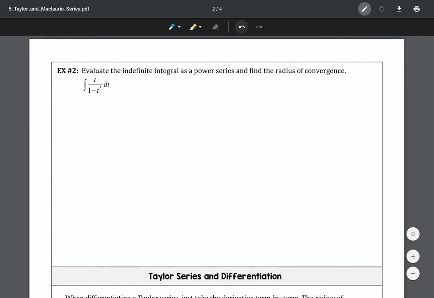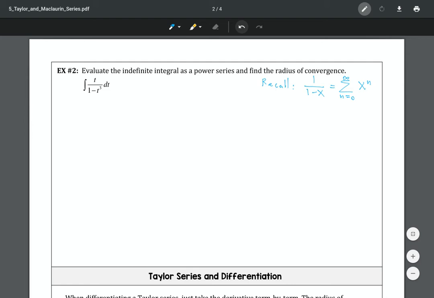But please remember that 1 over 1 minus x, which is a power series that works out a lot like a geometric series, is equal to this. So this is kind of a subset of a geometric series.